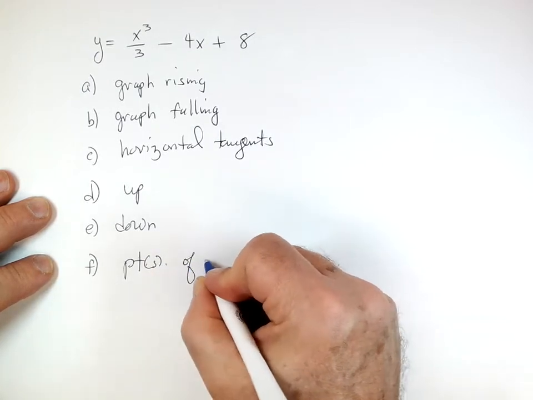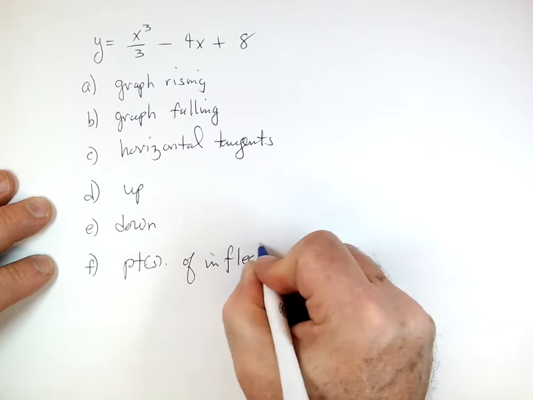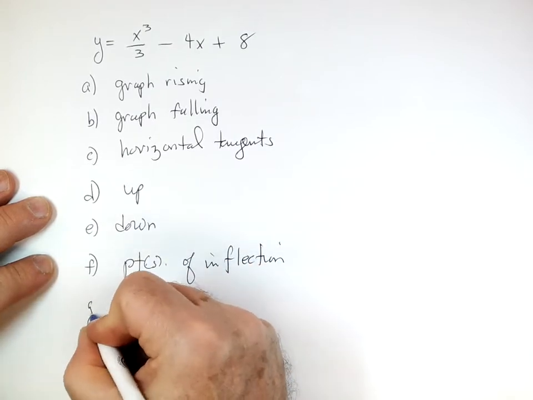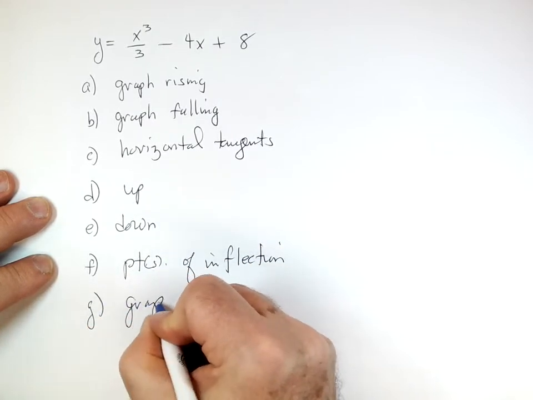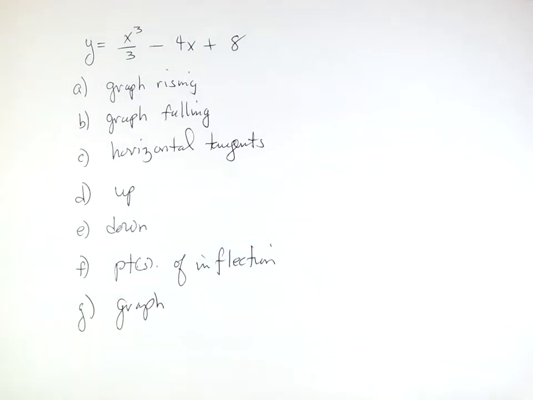And you should sketch the graph. Notice I didn't ask for asymptotes. Why? Because polynomials don't have asymptotes.